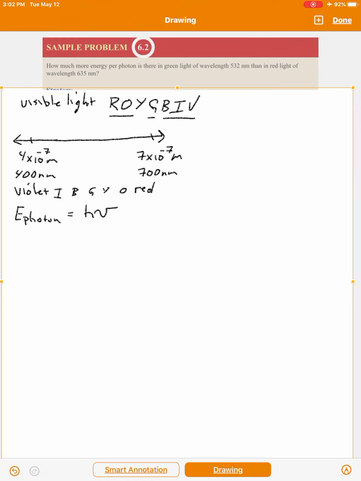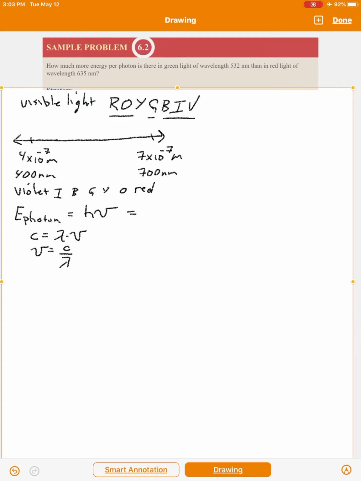However, if you recall from section 6.1, there is a relationship between wavelength and frequency for electromagnetic waves. The speed of light is equal to the wavelength times the frequency. So the frequency is equal to the speed divided by the wavelength.